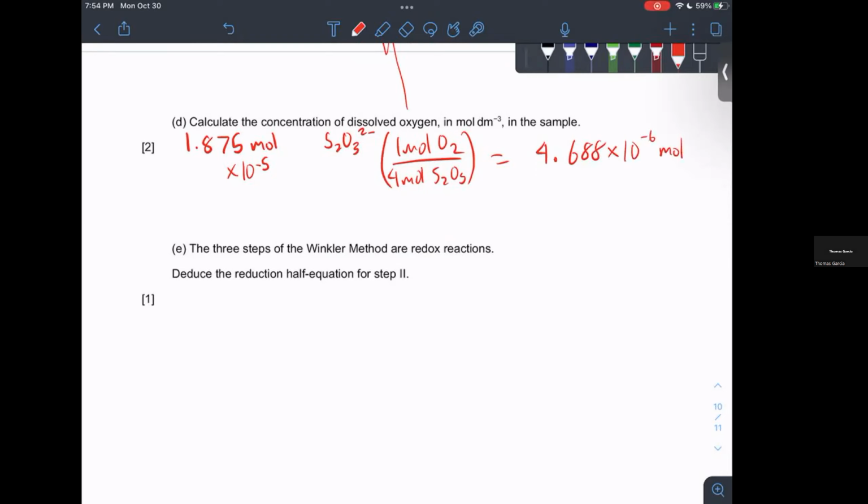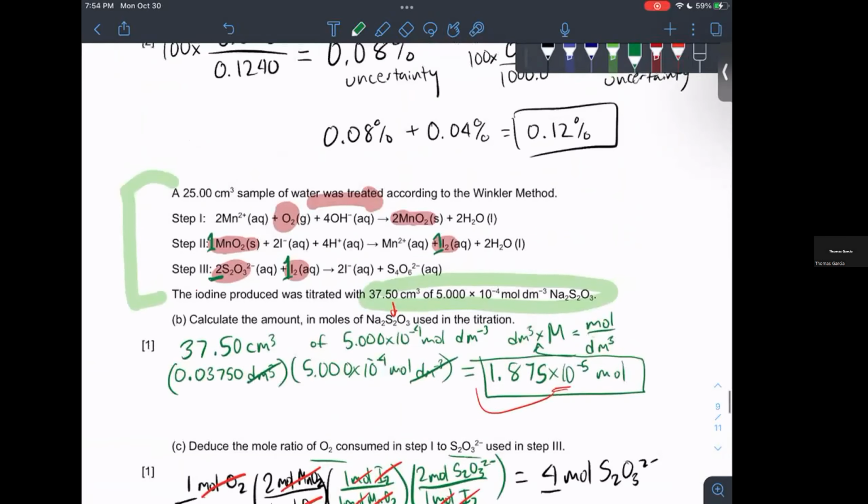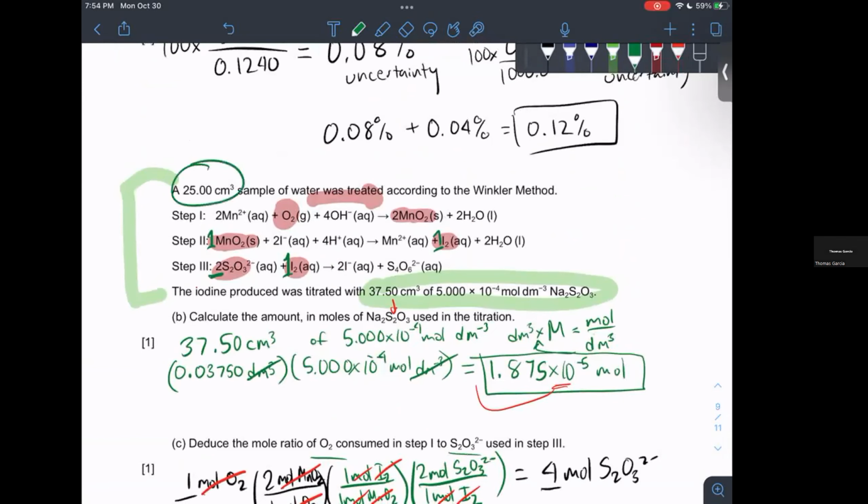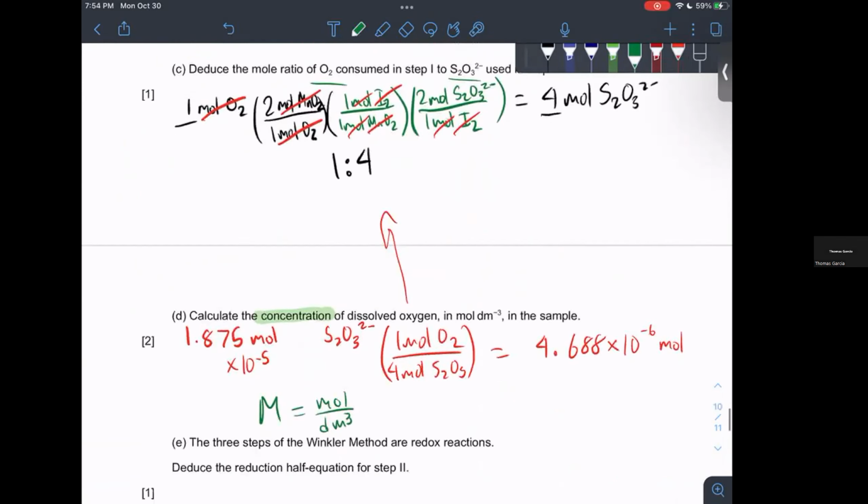That's 1 mark. It does, however, say the concentration. If we want concentration, once again, molarity is mole over volume, decimeter cubed. So how many decimeters cubed of oxygen did we use? 25.00 centimeters cubed.